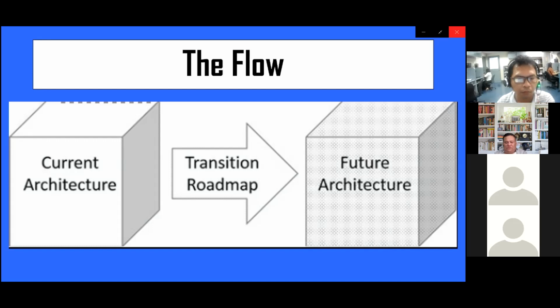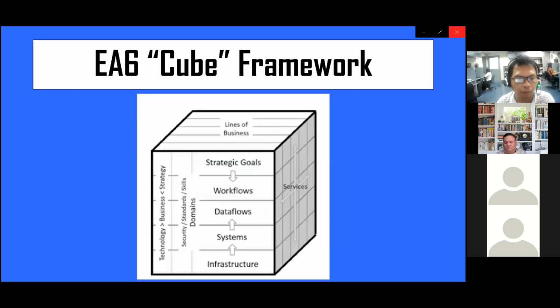That requires your architecture transition roadmap. The transition is very crucial in any company going through a major change in operation or at the management level. That's why everything has to be documented.